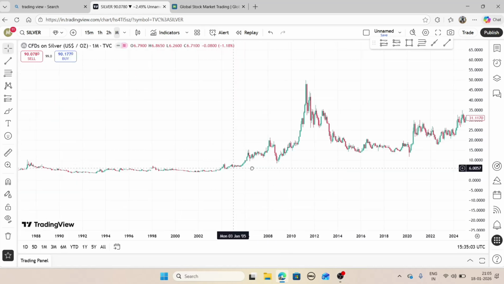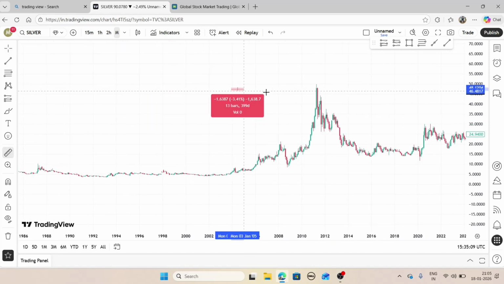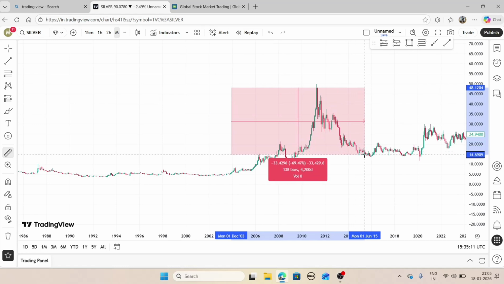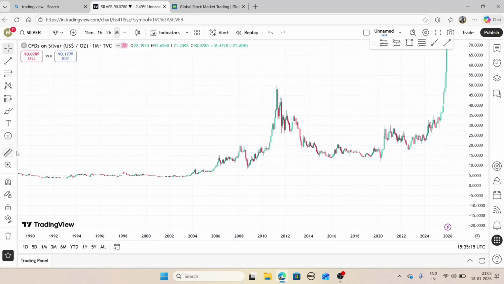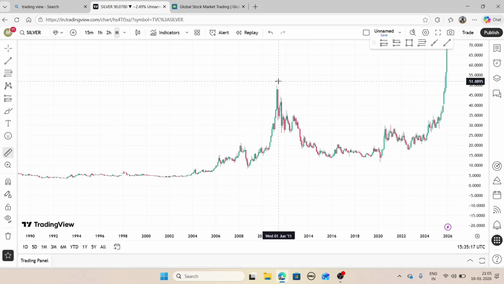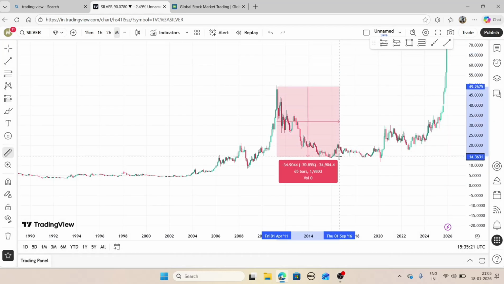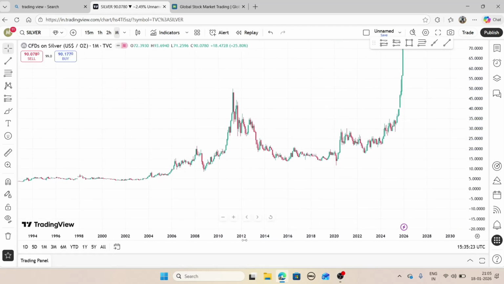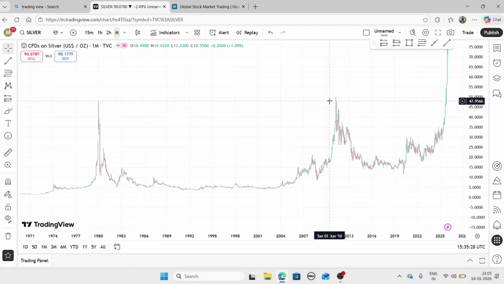Then again it reached an all-time high in 2011, and from that level it again crashed by 72%. So it is a normal thing for silver.